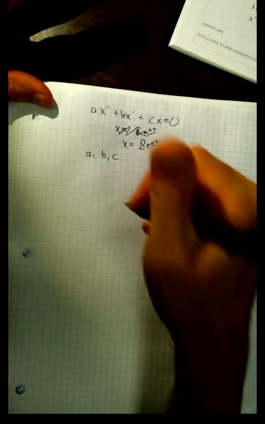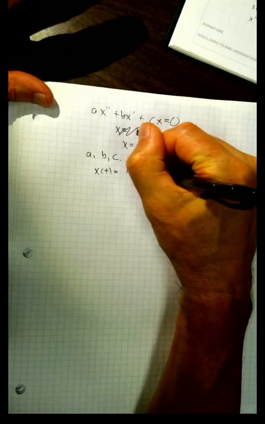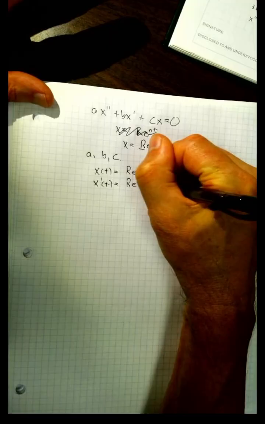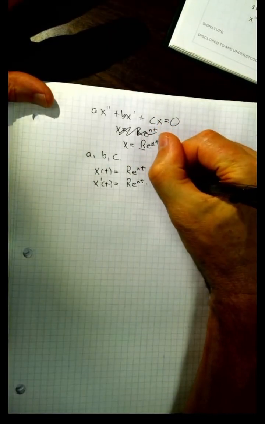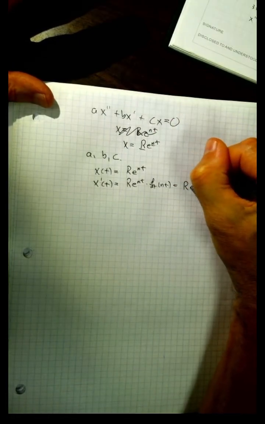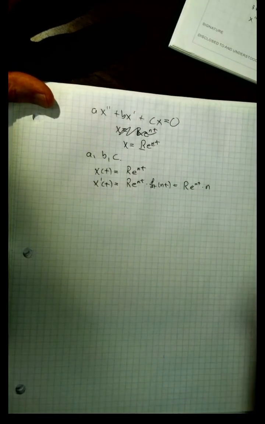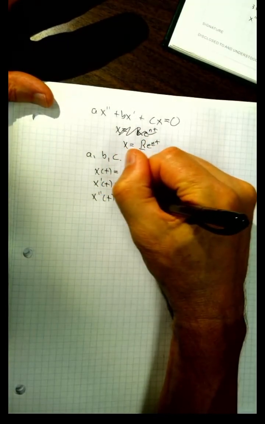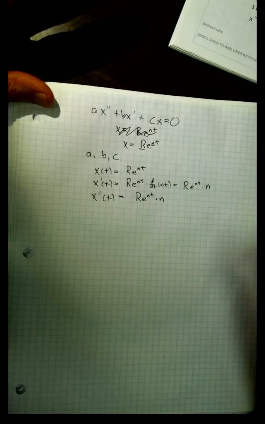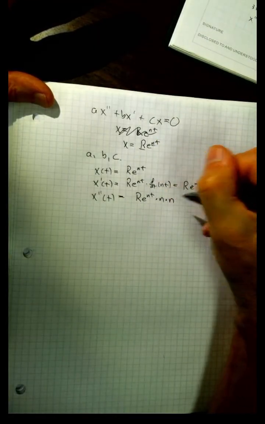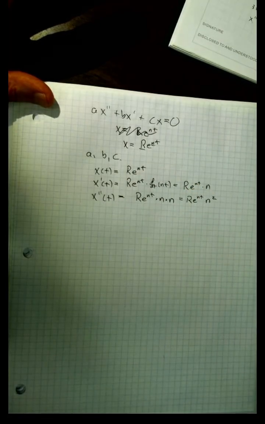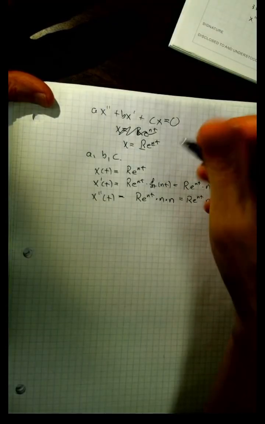So what's going to happen here? My x of t is r e to the nt. My derivative, well, the derivative of an exponential is the exponential times the derivative of what goes in the exponential. So I'm going to get r e to the nt times n. If I take a second derivative of that, it's going to be the same thing. I'm going to have r e to the nt times n, and n is a constant. If I take another derivative of nt, I'm going to get r e to the nt n squared. And I'm going to plug these back into my differential equation.